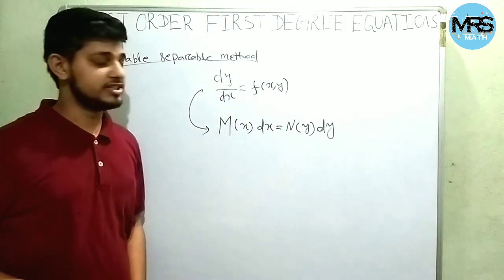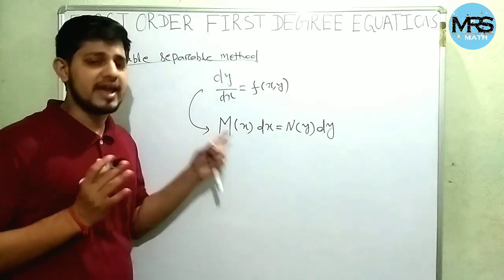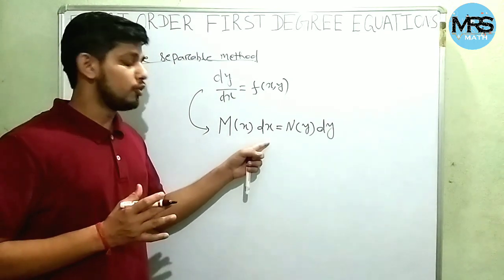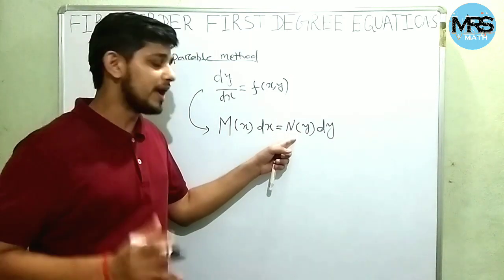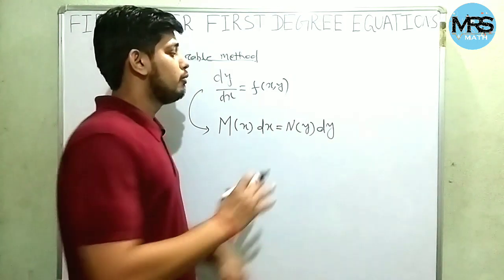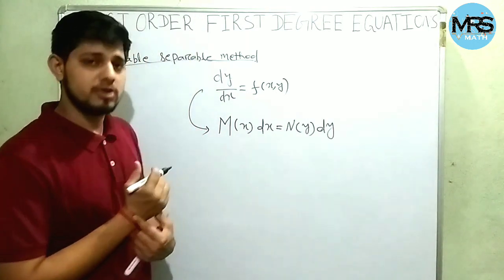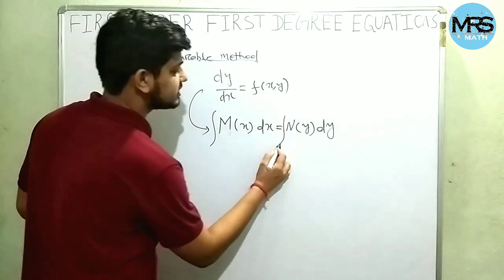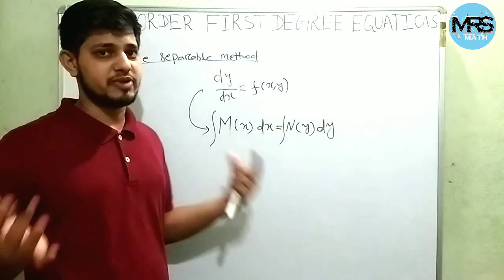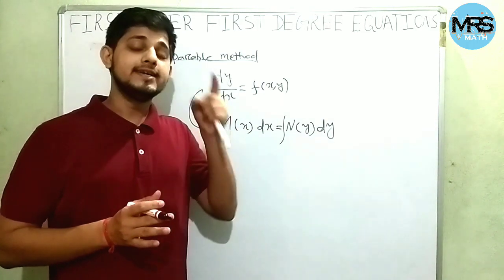That means some function of x along with dx is written on one side, and some function of y along with dy on the other side. What we do next is integrate both sides to find the solution. This is very easy, but we must have a good hand in integration.